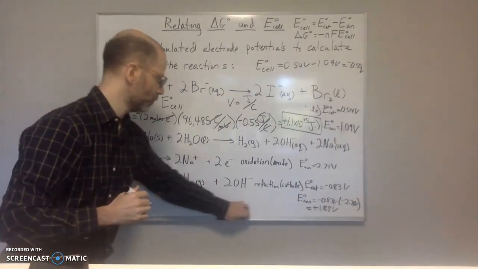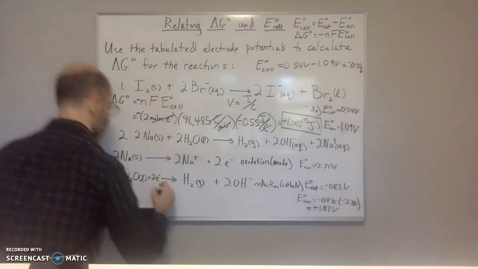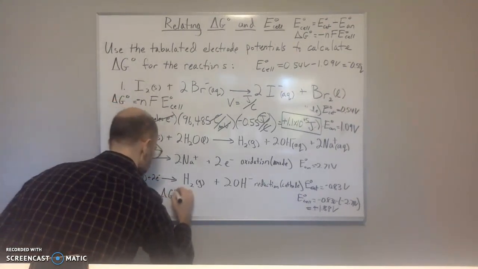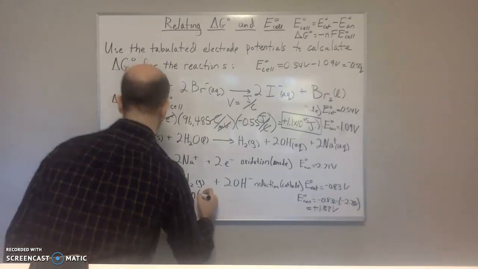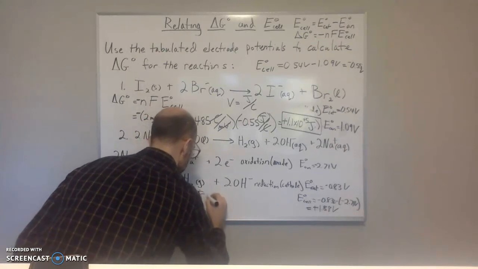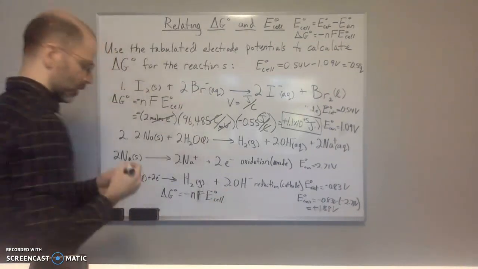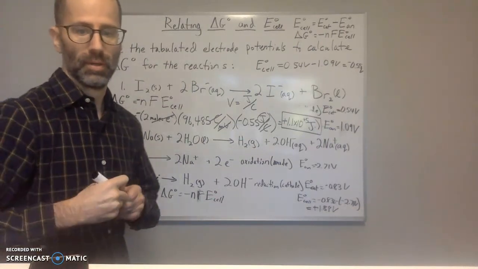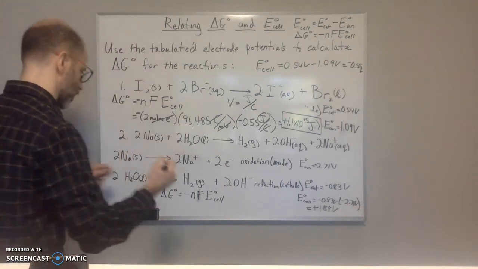All right, so now I just plug this into the equation. Same equation here: delta G standard is equal to -n times F times the electropotential of the cell. The number of moles of electrons is 2 again.